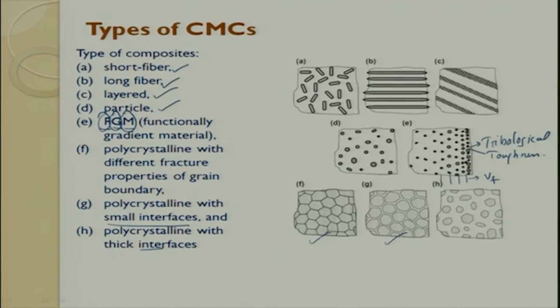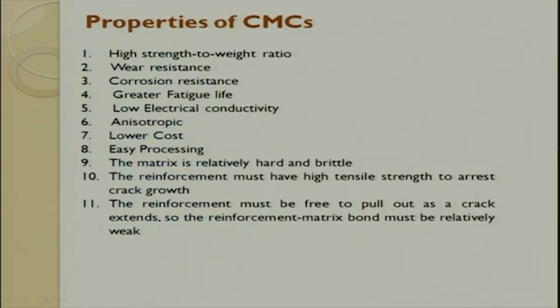Then you have polycrystalline with different fracture properties of grain boundaries, with weak interface or strong interface. That means at the interface the crack can grow, break, and yield out, and then you get the required output. So what are the properties of a ceramic matrix composite?